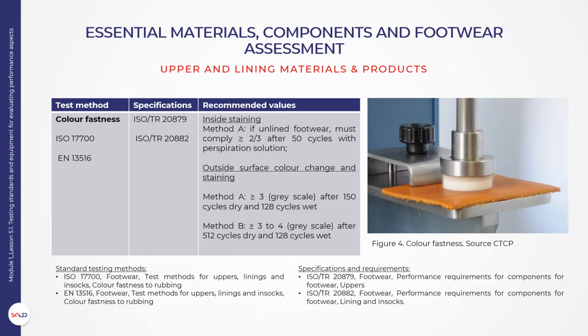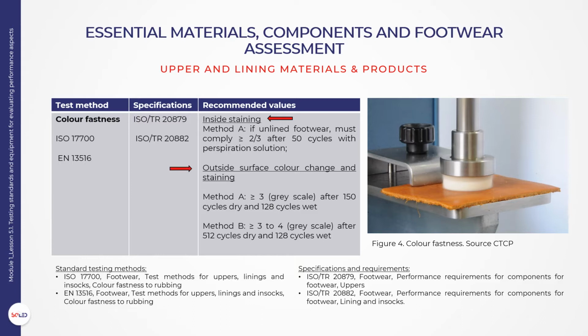The evaluation is made by visual analysis, where for uppers, the inside of unlined footwear, if method A is used, is greater or equal to degree 2/3, grayscale, after 50 cycles with artificial perspiration solution.